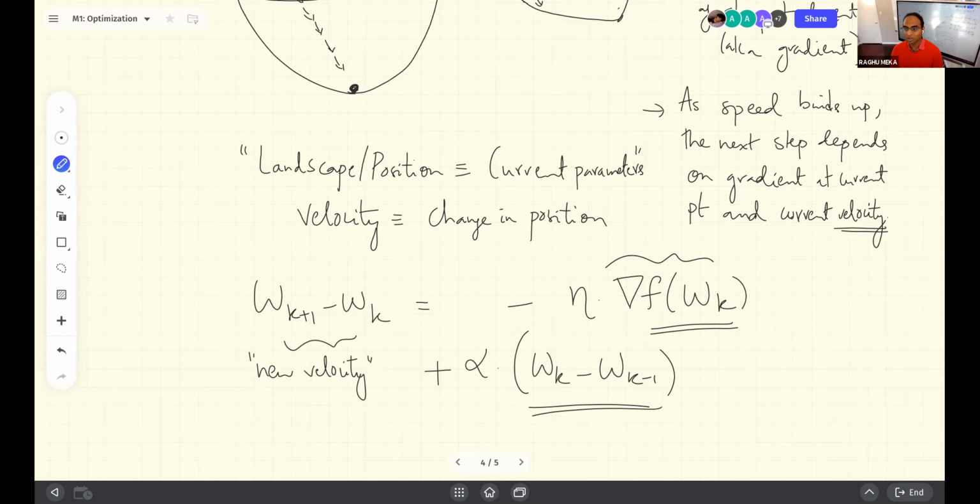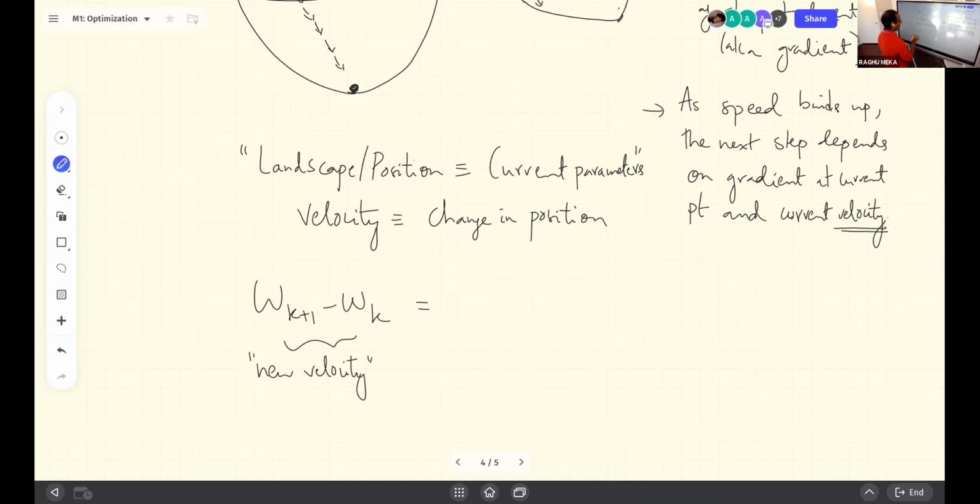But then you also carry something of your current velocity going forward, because of the momentum. So that's what this equation says. So let me write it down. Some alpha times... okay, does this make sense?